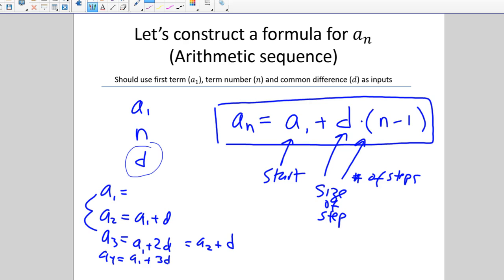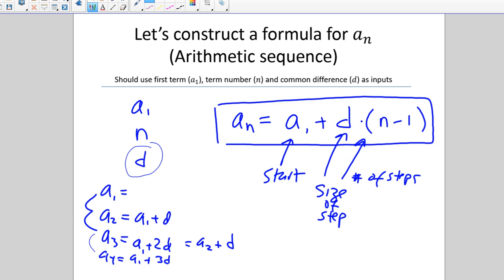We saw that we needed to take n minus 1 steps to go from, say, 1 to 4 here. We had to take 3 steps to get from 1 to 4, and that's why we're using n minus 1. So it's basically our starting point, and we add n minus 1 number of steps to get to the nth term.